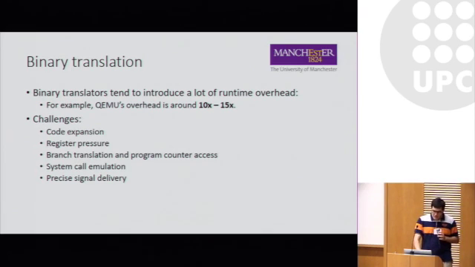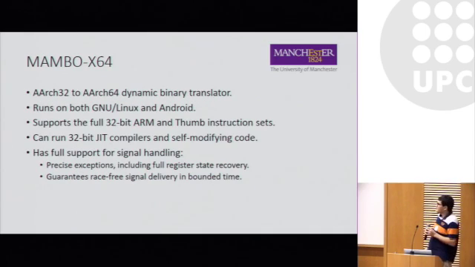So to overcome these challenges, we developed Mambo x64, which is a dynamic binary translator, which translates from 32-bit ARM to 64-bit ARM. Now, Mambo x64 can run on any Linux system, including Android, and supports the full 32-bit ARM instruction set and thumb instruction set.